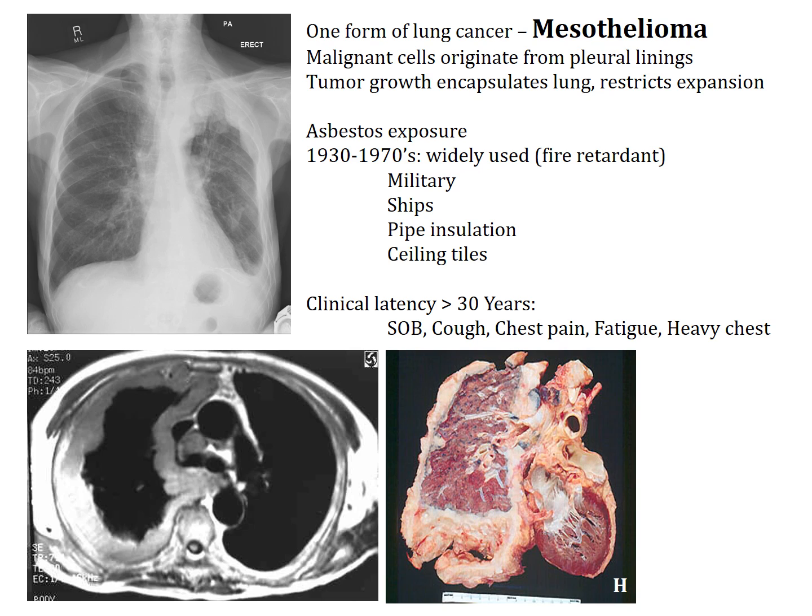All right, so what is the most important risk factor for development of mesothelioma? You've seen this all over TV, right? It's asbestos exposure. Asbestos was widely used pre-1970s, used in the building of ships, insulating pipes, placed in ceiling tiles.